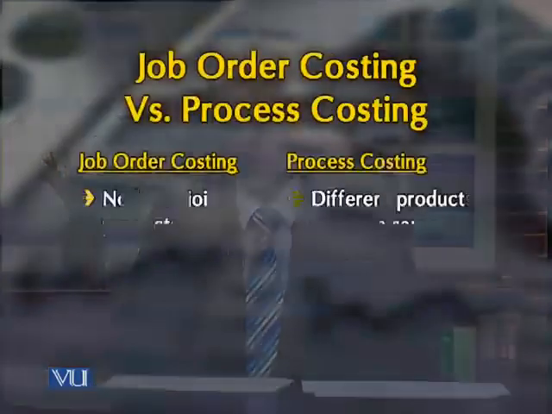Whatever remains, it's all saleable. So it's not just the meat we are talking about. Hide and skin are separate, bones are separate, blood is separate, hooves are separate; they are all saleable, but not in the case of job order costing.